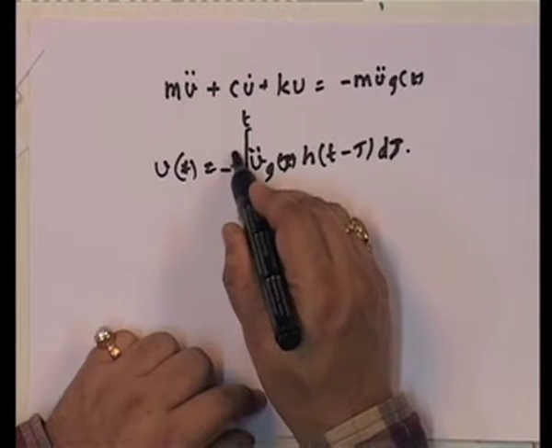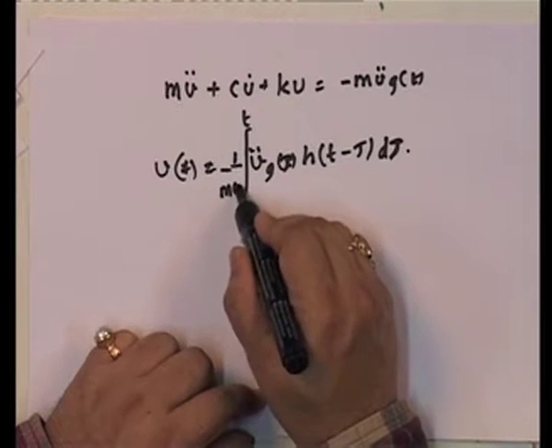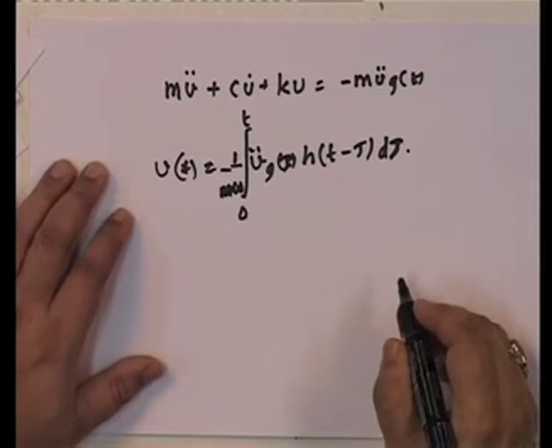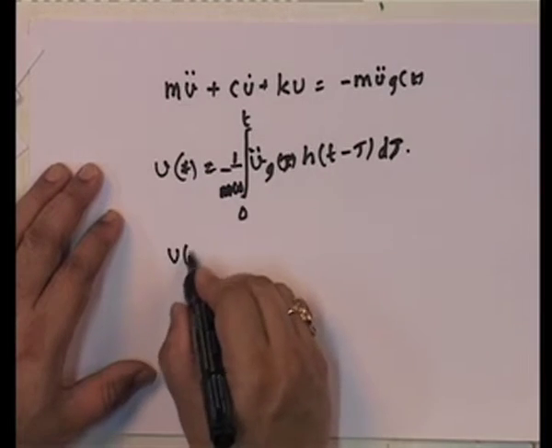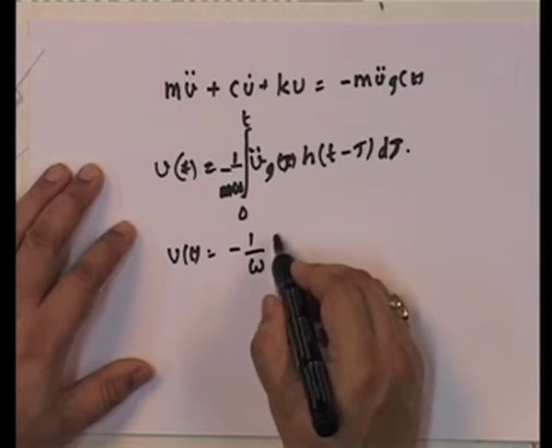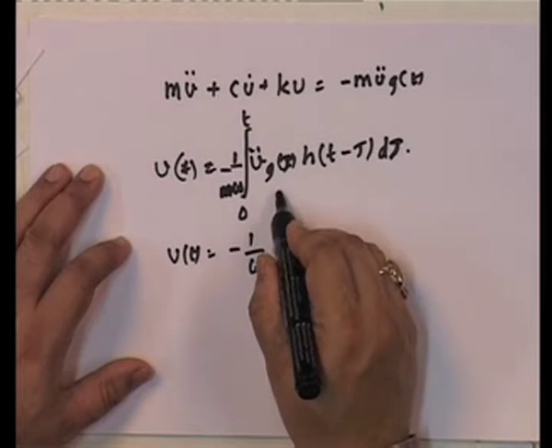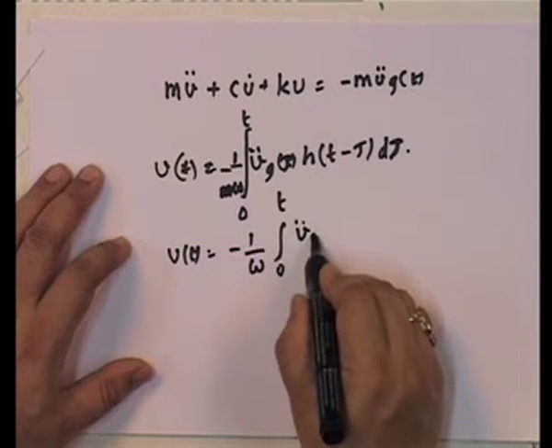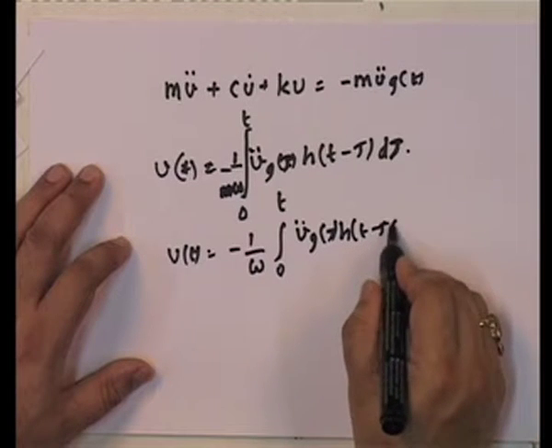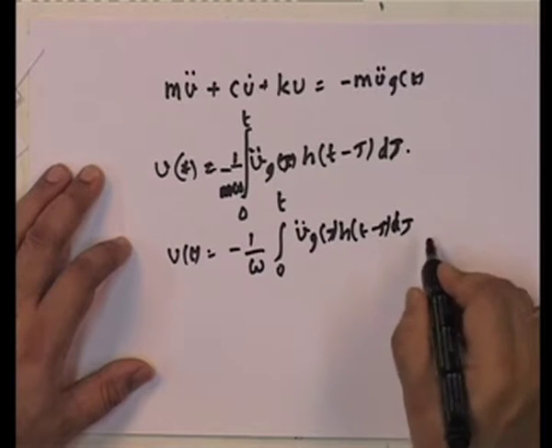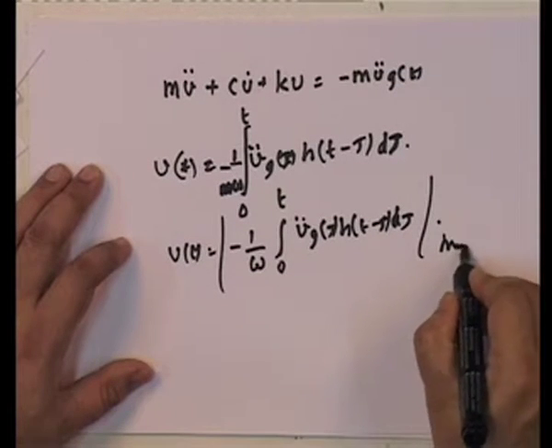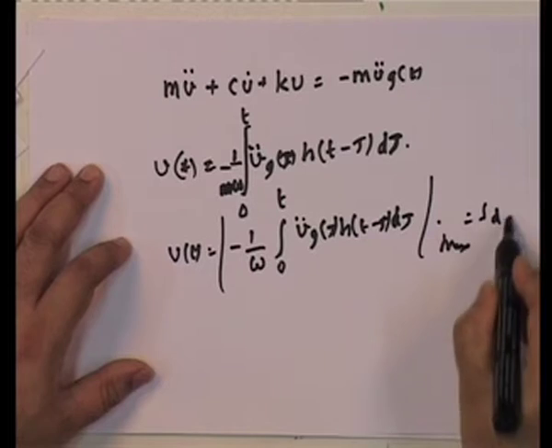Remember that this was 1 upon m omega into m. So, this thing disappears. So, what you get is essentially v of t minus 1 upon omega integral 0 to t v g tau h t minus tau d tau, and we said that the max of this was equal to S d.